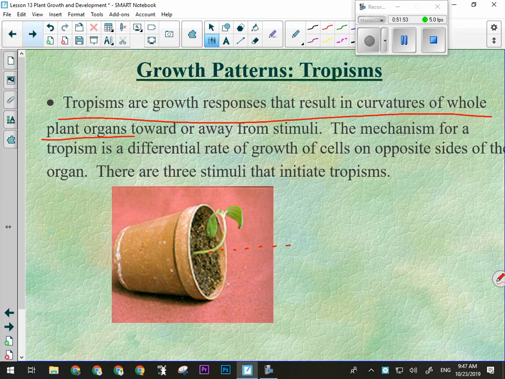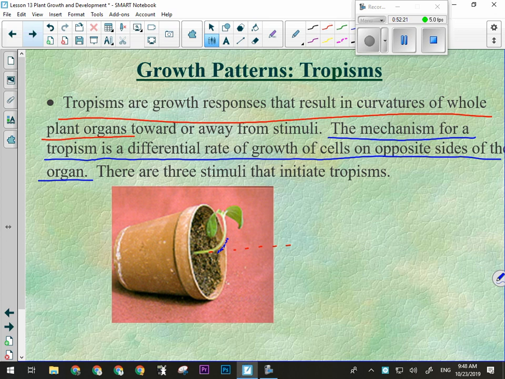Now the mechanism for all tropisms, and this is something that you'll definitely want to write when you're dealing with a question about tropisms, is the differential rate of growth of cells on either side. If you recall, I was saying in order for this to happen, there needs to be more auxins on this side of the stem than on the other side.